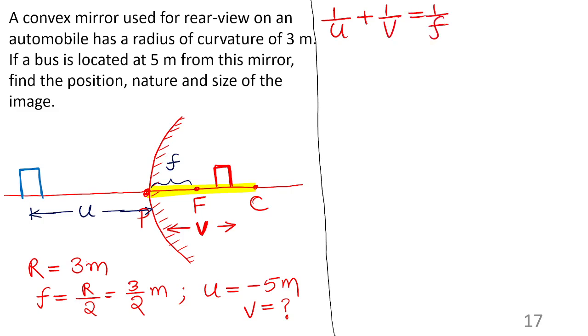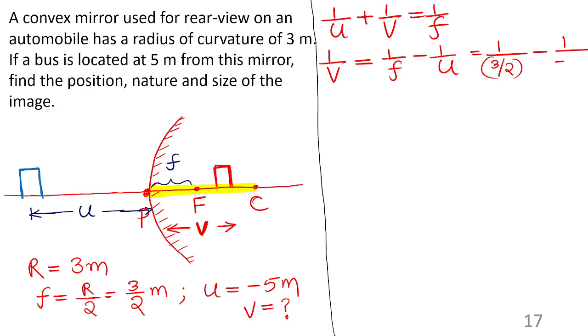Let me rearrange it. 1 by v equal to 1 by f minus 1 by u. I want v. 1 by f, what is f? F is 3 by 2. Minus 1 by u. U is given as minus 5.